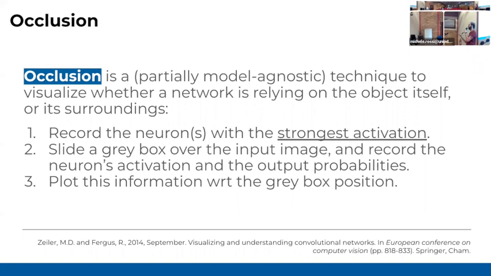The strongest activation in principle is the one that will contribute the most to your prediction. Then you slide a gray box over the input image and you record what is happening to the output. If this is a water bottle and this is the entire image, then if I put a gray box here, in theory the network should be unable to recognize the water bottle anymore, and so I should be able to say this is a very relevant part of the input image. And if I plot that, that should give me enough information.